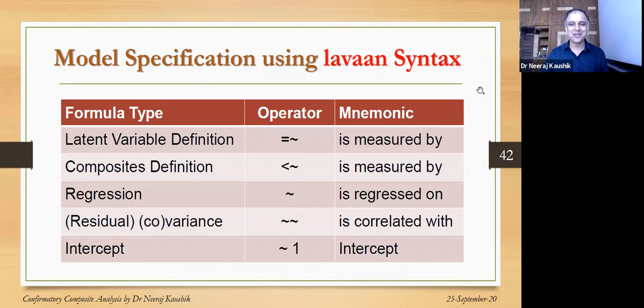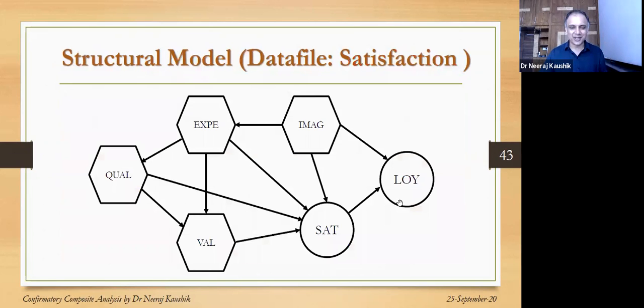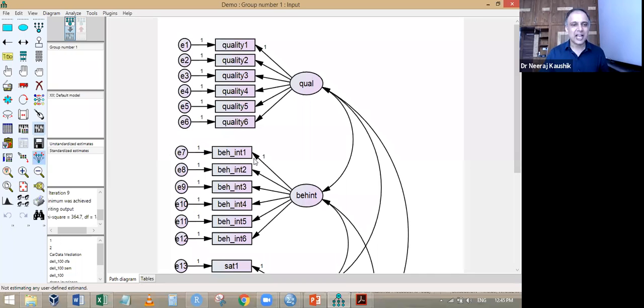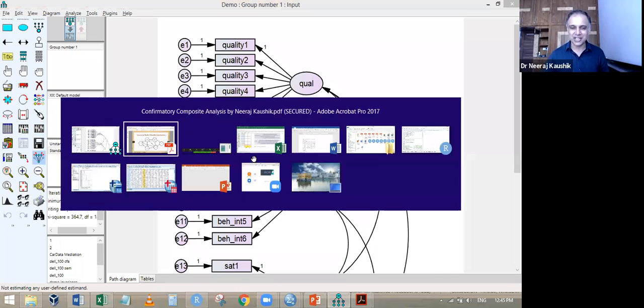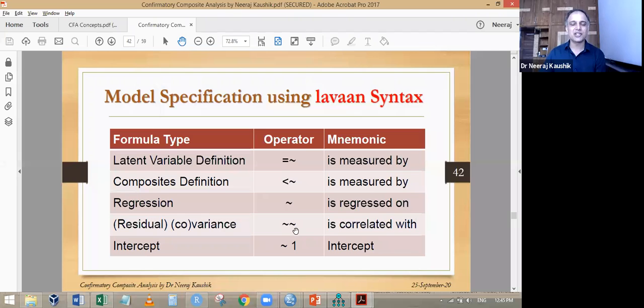So it's almost the same as the way of AMOS. In AMOS also we say that two-sided is correlation and one-sided is regression. Likewise, the developers of this said that one tilde means regression and two tilde means correlation. Then if you need to define a construct, please write equal to tilde.